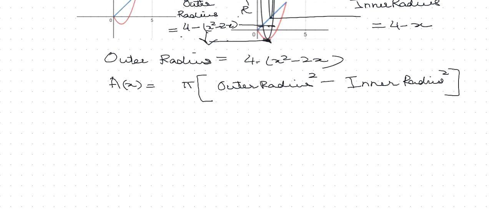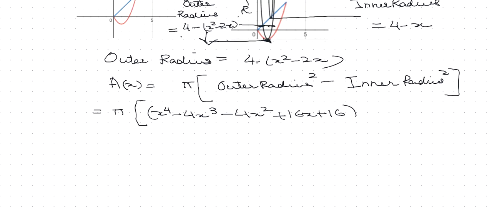Okay, so this is pi times (x square minus 2x) expansion, minus (16 minus 8x plus x square).